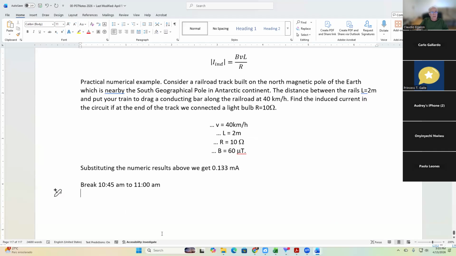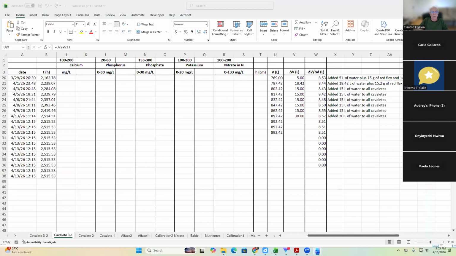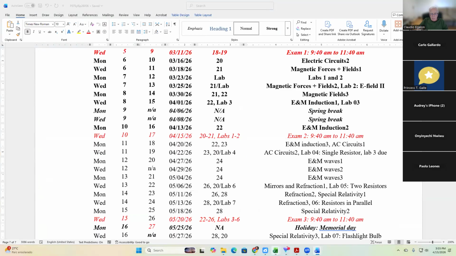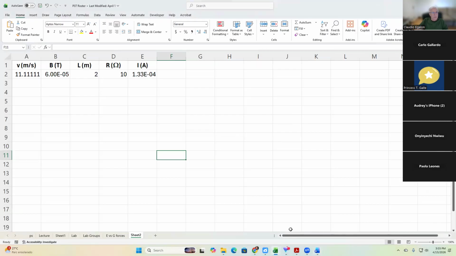So this fancy railroad at this speed would generate that much current. If you are going to increase the speed of our train, then we can do that too. If we double the speed of the train, the current would double as well because it's directly proportional to the velocity.